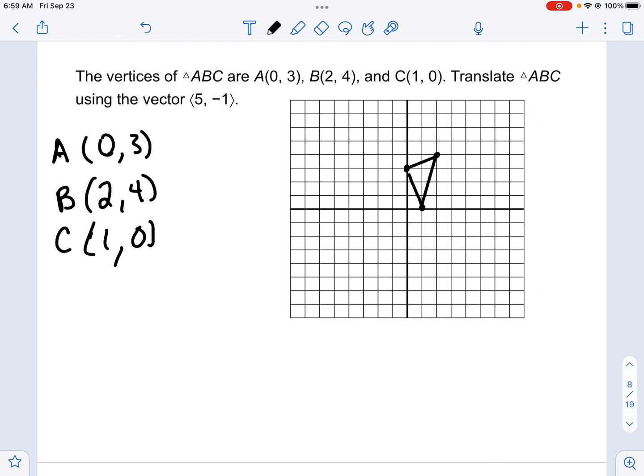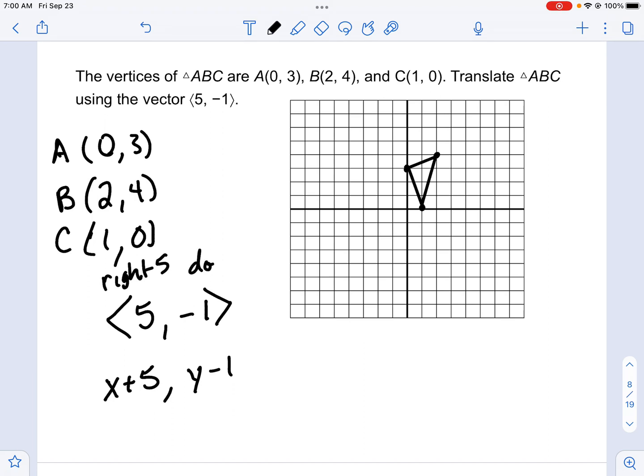Now there's 2 ways you can do this. We are moving it along the vector 5, negative 1. So we can either think about that as adding 5 to each of our x's and subtracting 1 from each of our y's. Or we can think about it as that's moving every point right 5 and down 1.